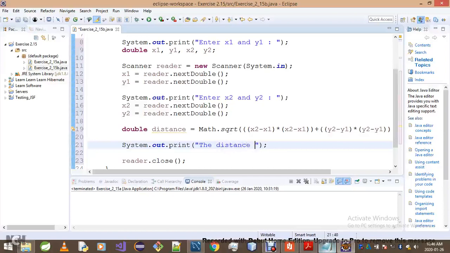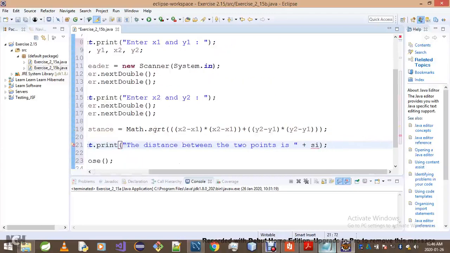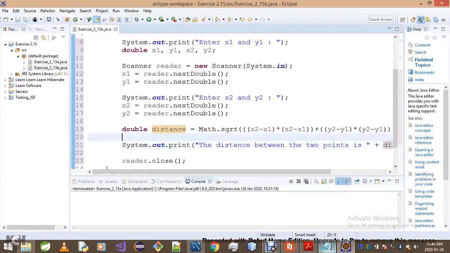Where did I get the word minimum from? The distance between the 2 points is distance. Again, you see, look at this problem.